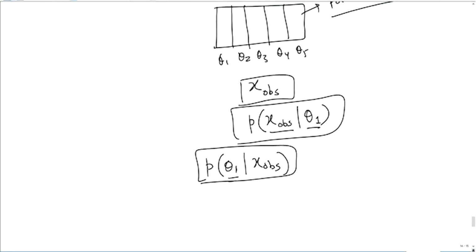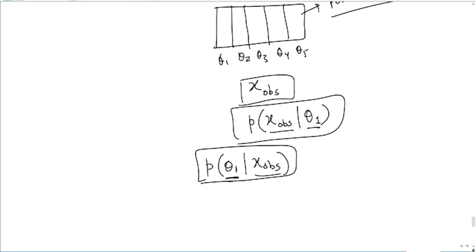Okay, so can I calculate this conditional probability of any value of theta? Let's say theta 1, I can calculate the same for theta 2, theta 3 and so on. So conditional probability of theta 1 given this data x obs. Why am I interested in probability density of theta 1, theta 2 and all these, basically the probability distribution of theta?